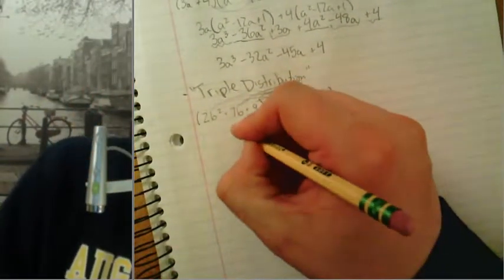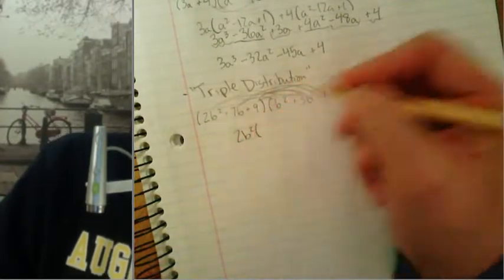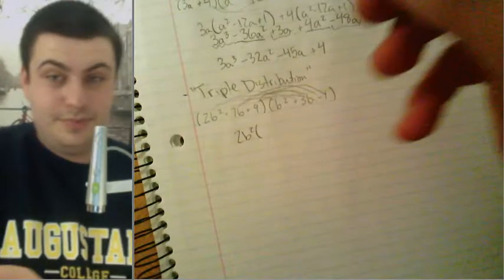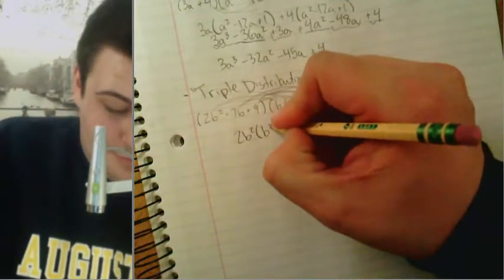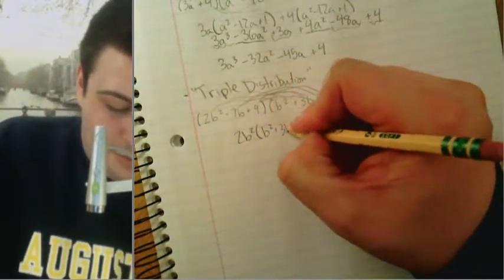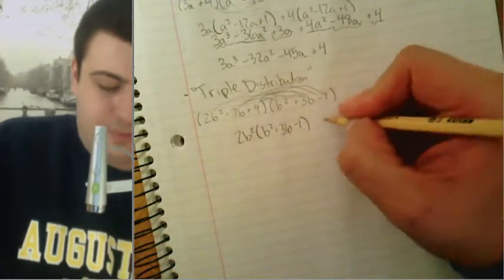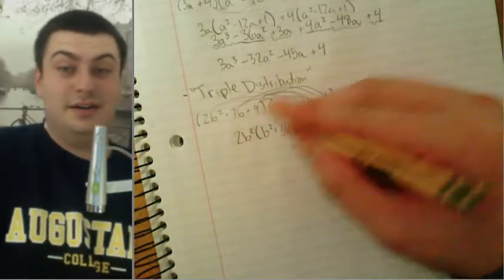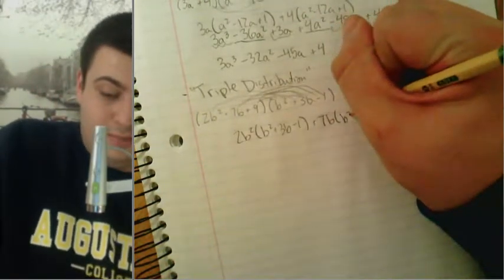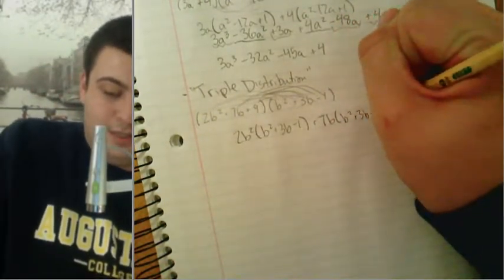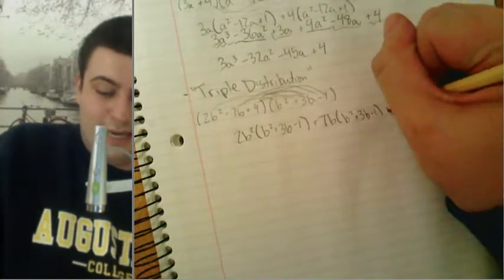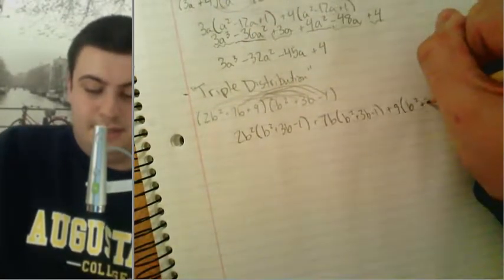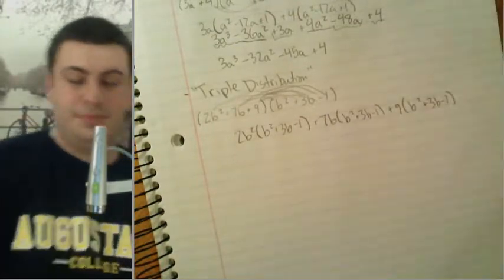We may as well say that 2b squared, which is the first term of this first trinomial, times the group b squared plus 3b minus 1, plus 7b, which is the second term, times the group b squared plus 3b minus 1, plus 9, which is the last term, times this whole trinomial b squared plus 3b minus 1.